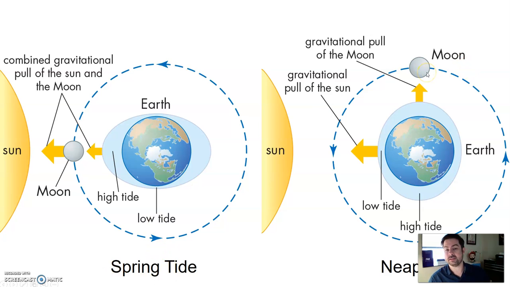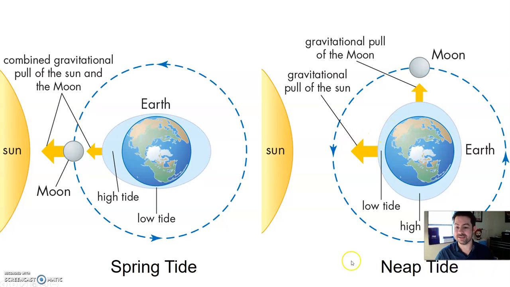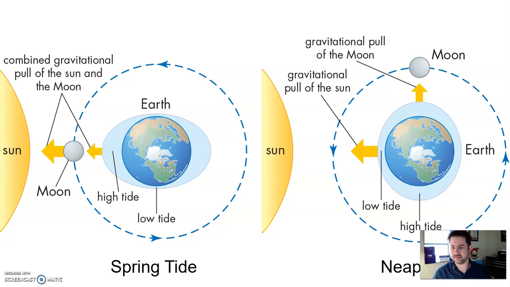When the pull of gravity from the moon and the pull of gravity from the sun are kind of in direction 90 degrees from one another, you get something called neap tides, where you have lower high tides and higher low tides. If that's confusing, I'll explain it.